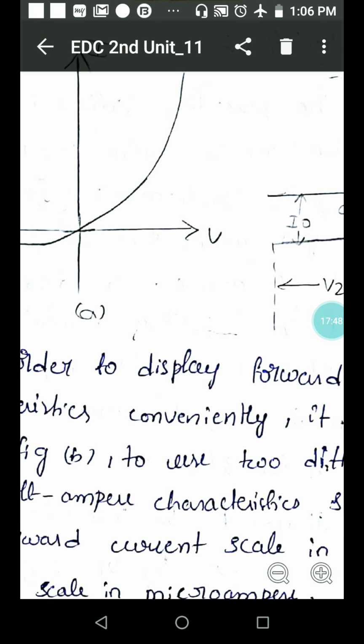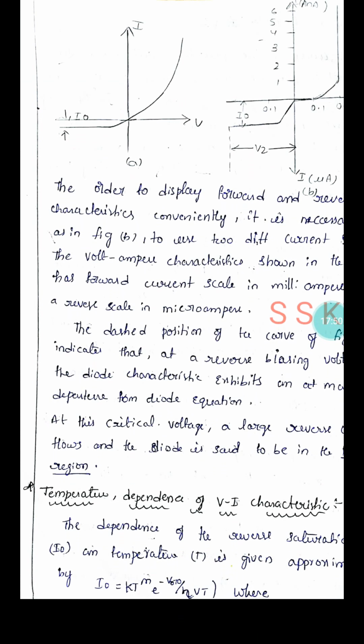One more point: in forward bias the diode conduction starts, so it is in the on state. In reverse bias, the diode does not conduct, that is, the diode is in the off state.